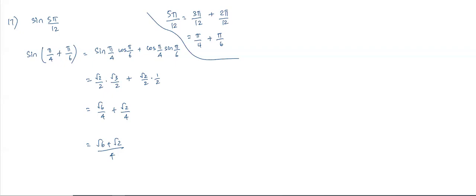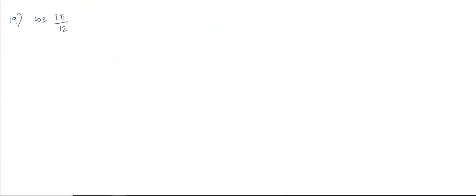Question 19 is cosine 7 pi over 12. Okay. So cosine 7 pi over 12, again, I look at 7 pi over 12 and I can rewrite it as 4 pi plus 3 pi, that is 7 pi.